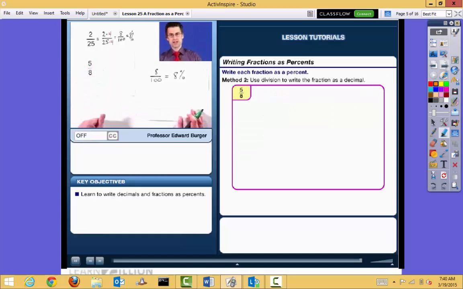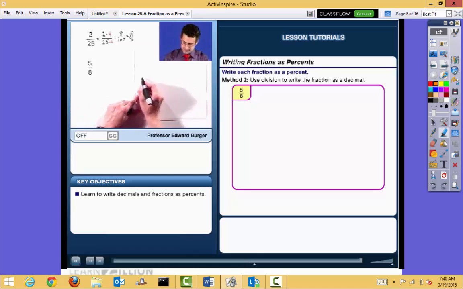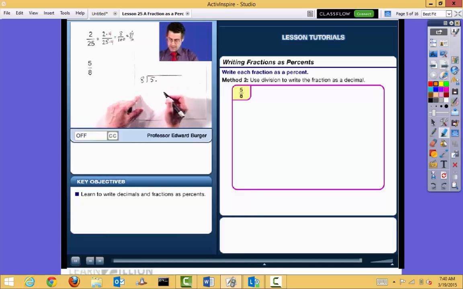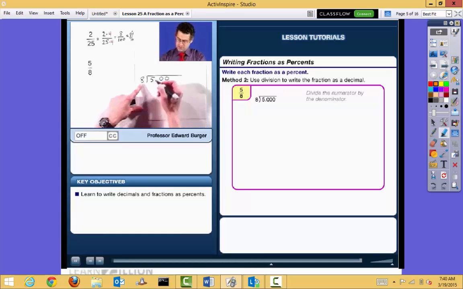Neat. Now, this second one, 5 over 8, that trick's not going to work too well. So I actually have to divide that thing out. So let's divide out and see what we get when we take 5 divided by 8. So put the decimal point here, and here we go. Put lots of zeros as we might need them. 8 doesn't go into 5, so I'm going to start actually up here. 50. 8 goes into 50 6 times. 8 times 6 is 48.